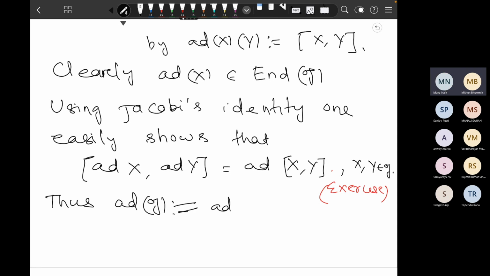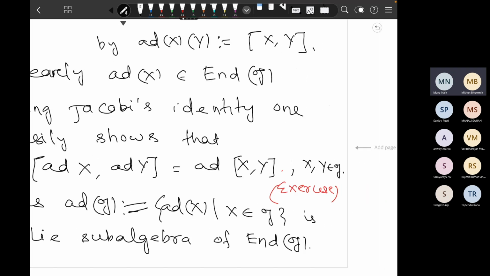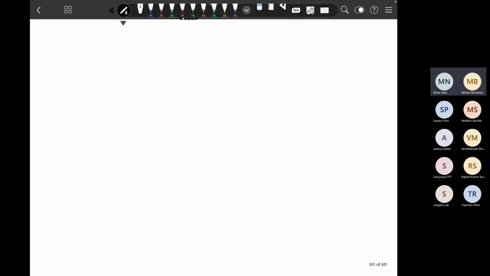This is defined by ad x, so that x belongs to g, is a Lie subalgebra of End g. Okay. So now I define the center of g.